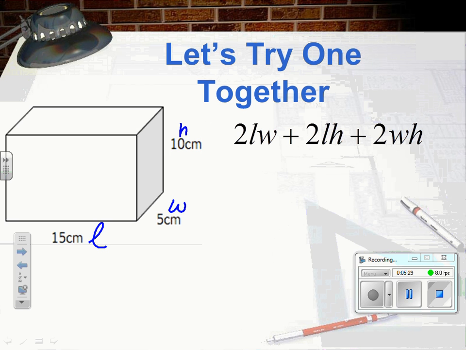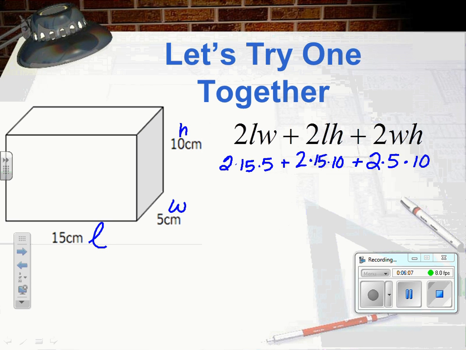I have 2 LW. Remember, when numbers and letters are side by side, that means multiply. So I'm going to say 2 times 15 times 5, plus, bring down my 2, and now I have L and H, so times 15 times 10, plus 2, and now my W and H, times 5 times 10.